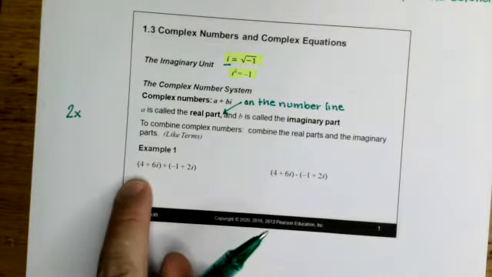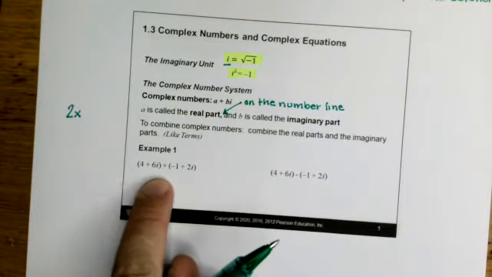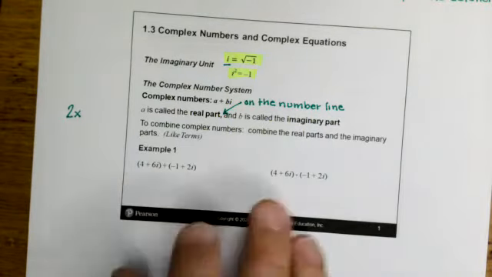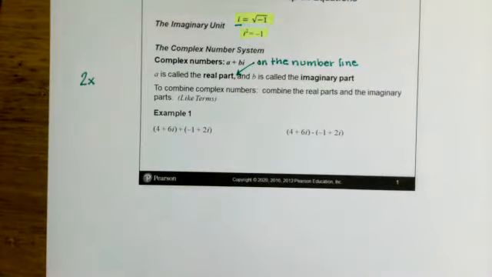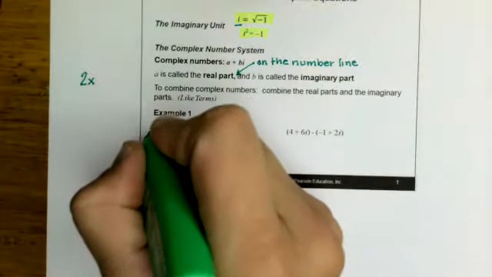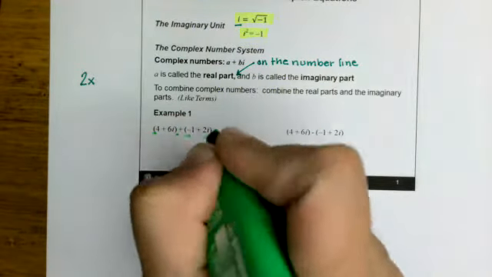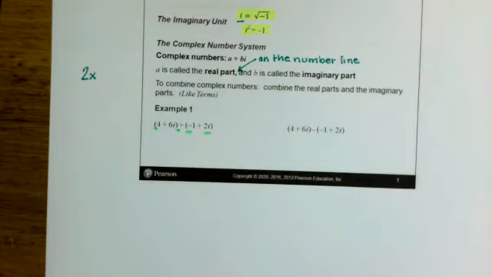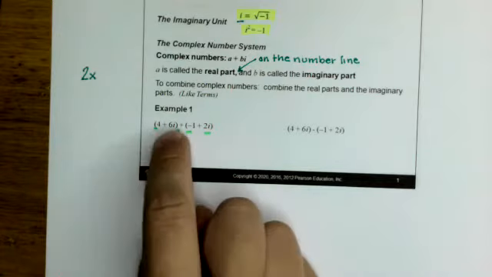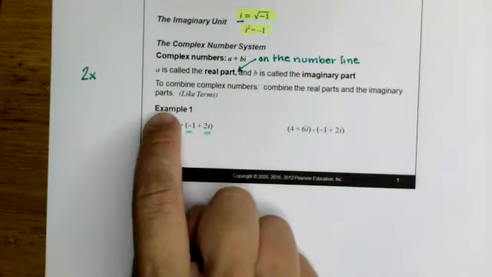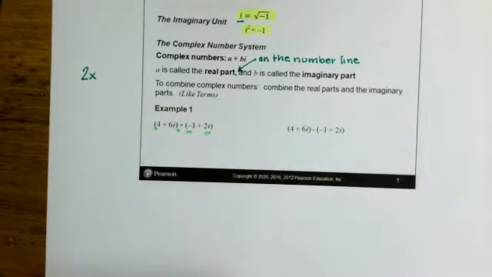Here, example 1: 4 plus 6i plus -1 plus 2i. We're always looking out for parentheses. What are parentheses usually doing? Usually parentheses are just telling us to combine if the terms are alike, or to distribute something through the parentheses.